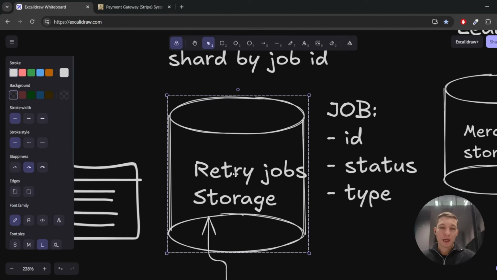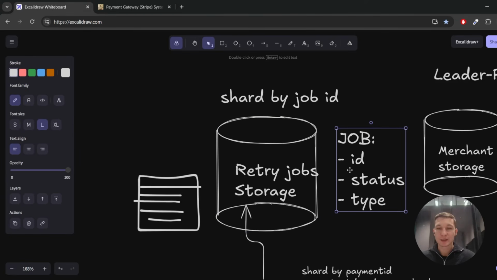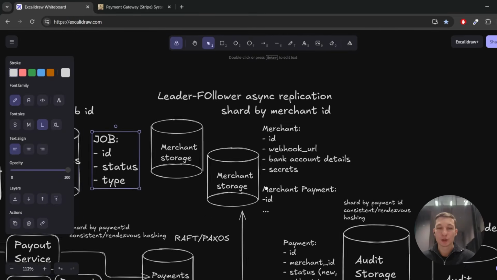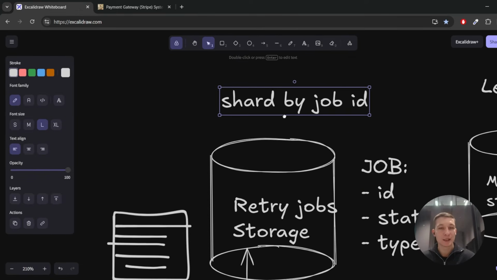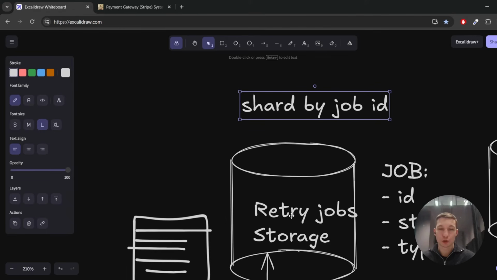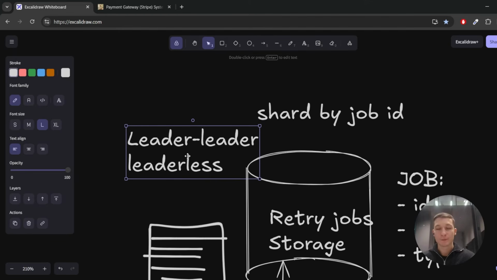Let's see retry job storage again. This guy has pretty much exactly the same requirements as our audit storage, because we don't care about recency guarantee. The only thing we care about is that we don't lose the jobs, so we actually retry them within some time. So I will put here leader or leaderless, and that will be it.